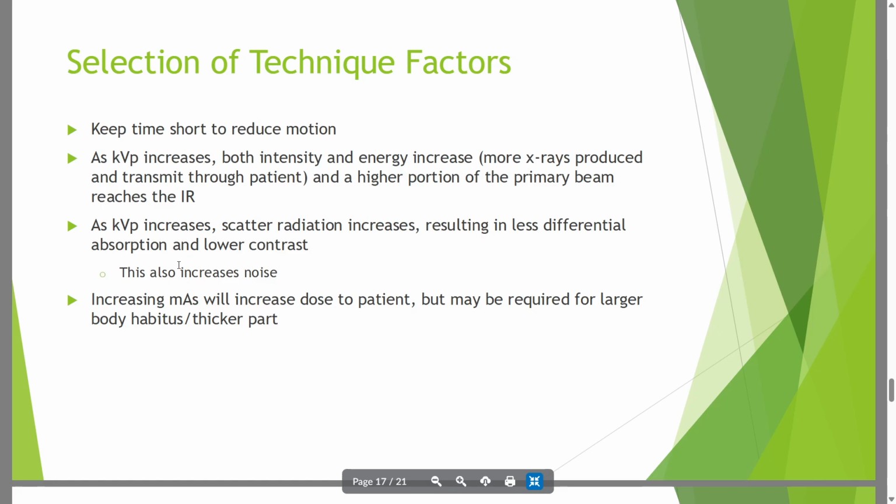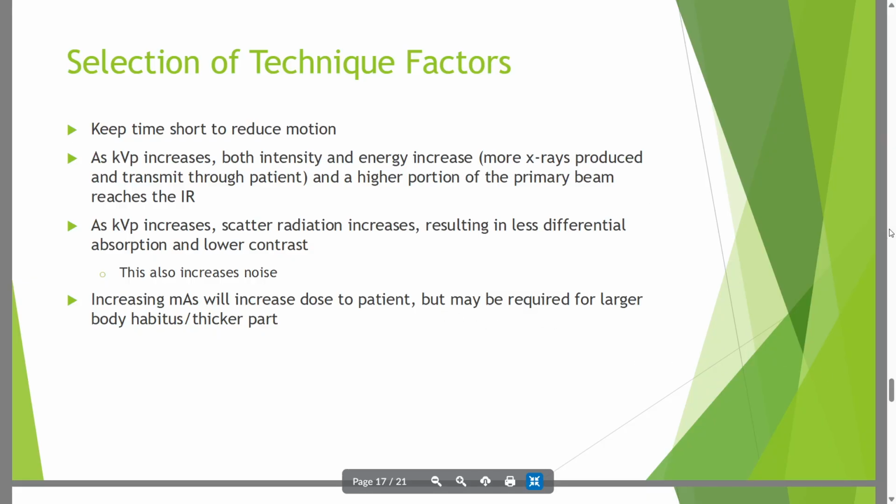So that'll increase noise. So again, it's a balance. We want enough X-rays actually reaching the IR, but not so much that we're having all of these different interactions between the X-rays.